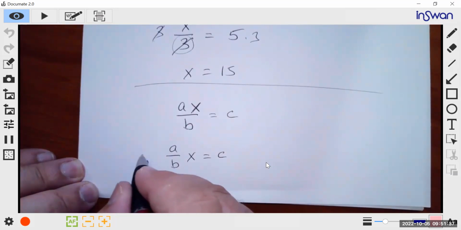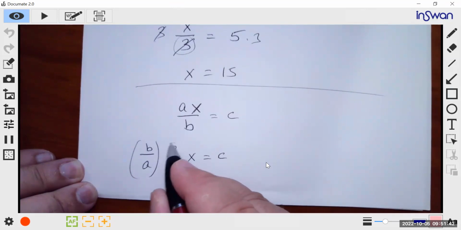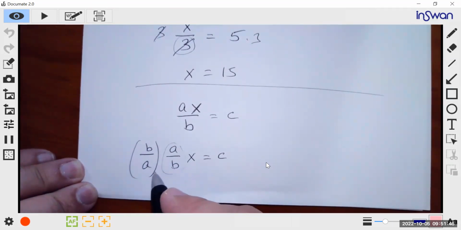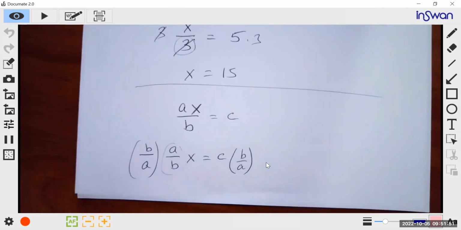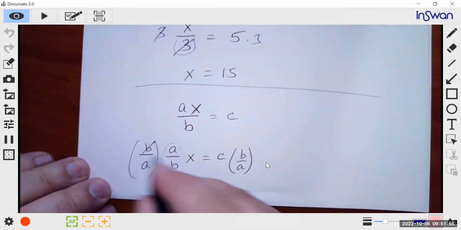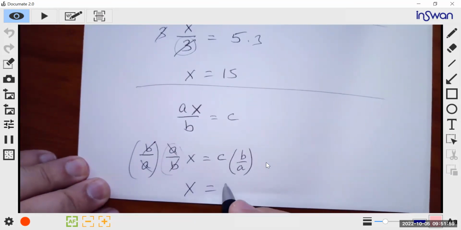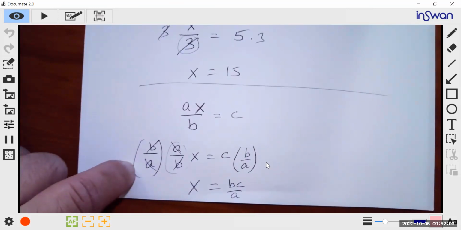Since B is on the bottom, we have to multiply to get rid of it. So whatever you have in front of your X, you multiply by the reciprocal of it, both sides. Because the B's cancel, the A's cancel, leaving X. So this is what we've been doing all along.